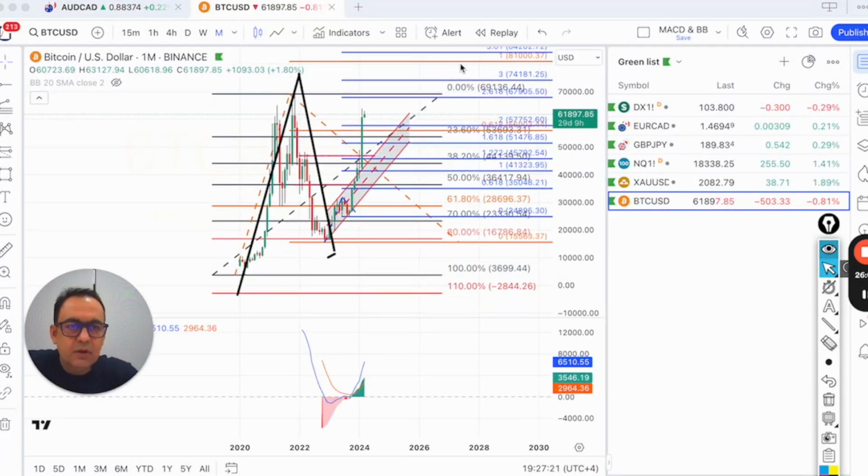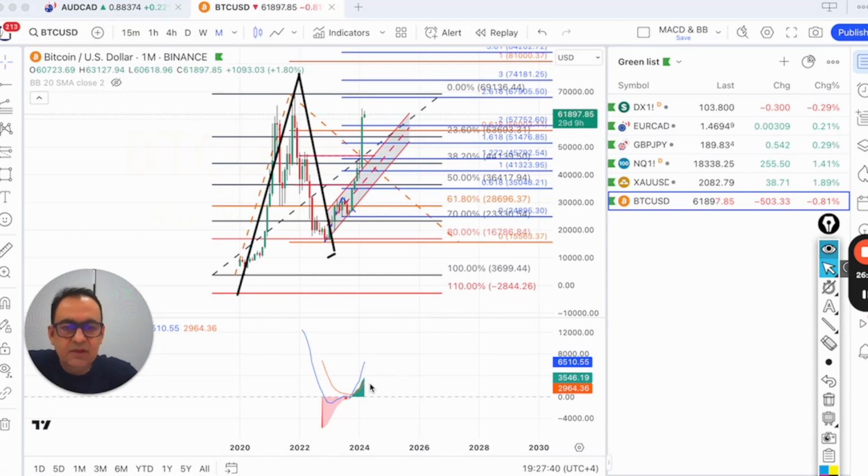So I'm talking about this golden fib extension level. That's 100% extension, and the price level is 81,000. So once it breaks above the historical high of 68,000, the next upcoming level for Bitcoin is 81,000.